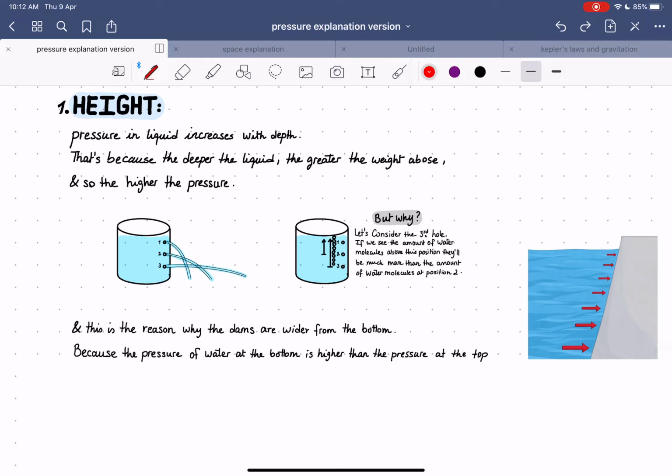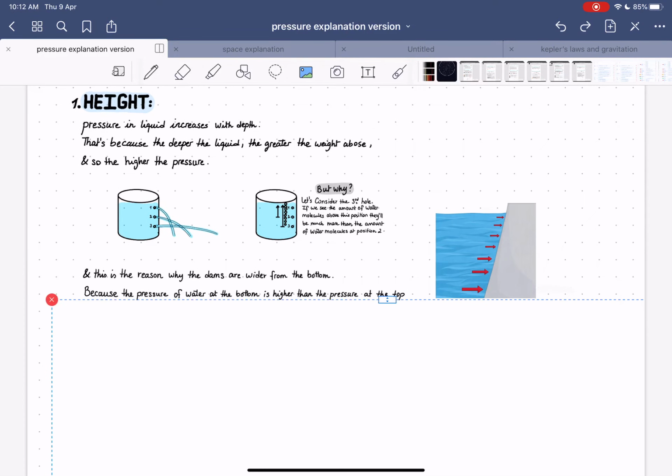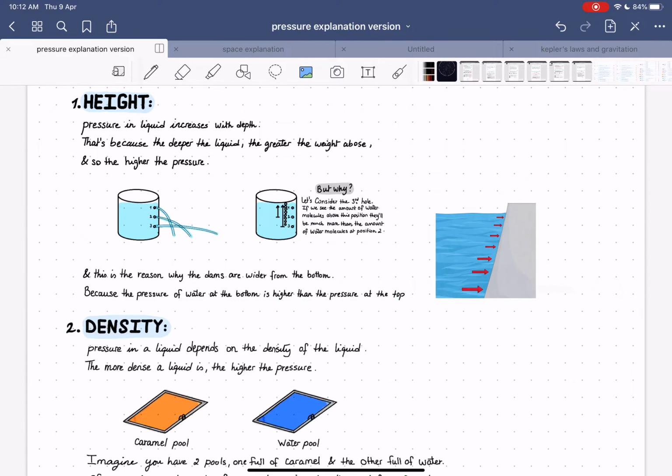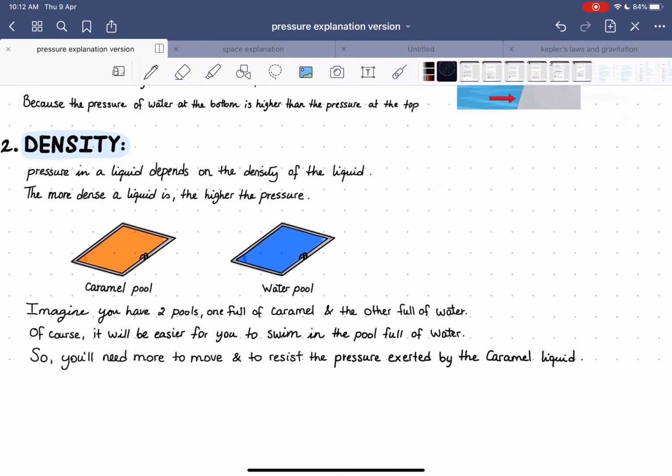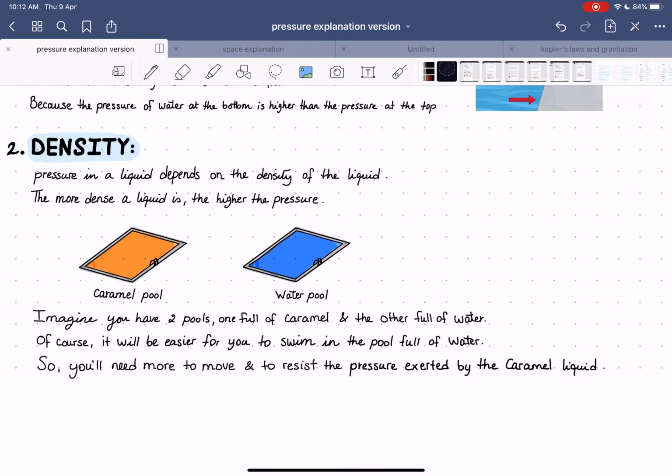As we go deeper in the medium, the pressure increases. Second factor is the density. If we take two pools that are the same size and we fill the first one with caramel and the second one with water, and I ask you to swim in each pool, you will find some difficulty moving in the caramel pool.